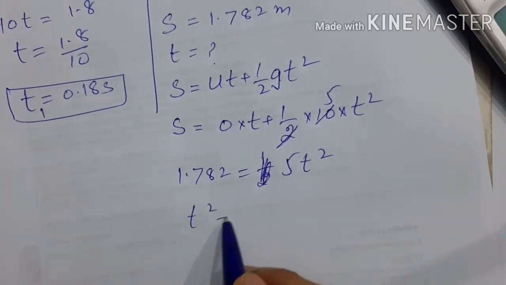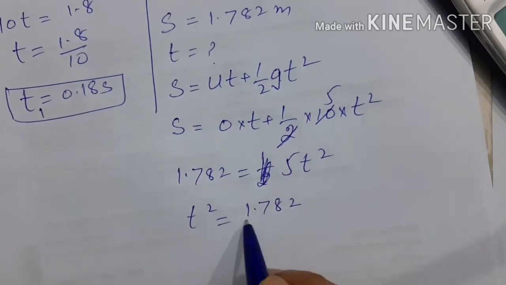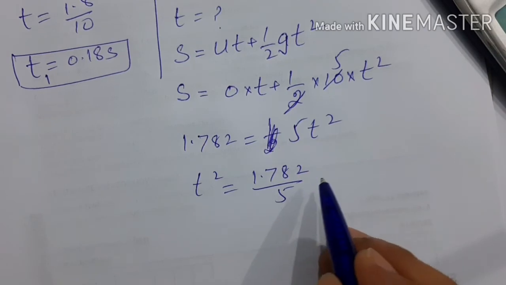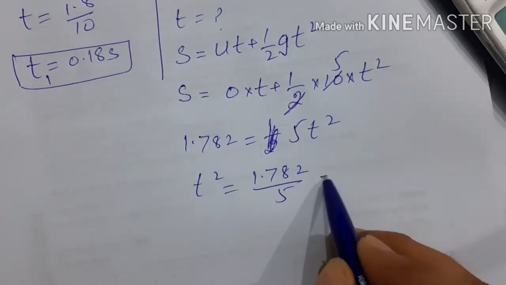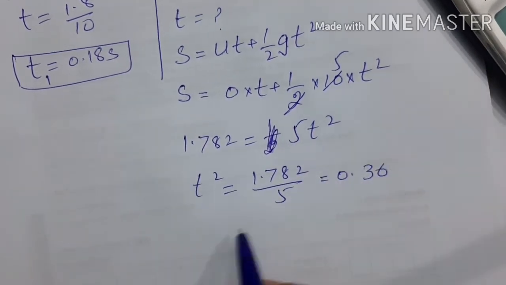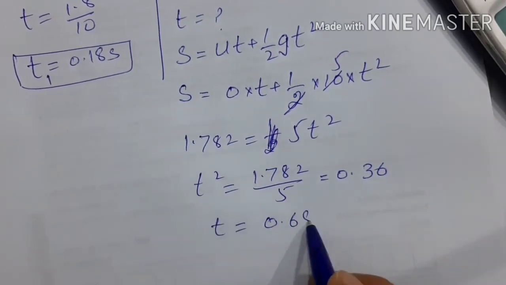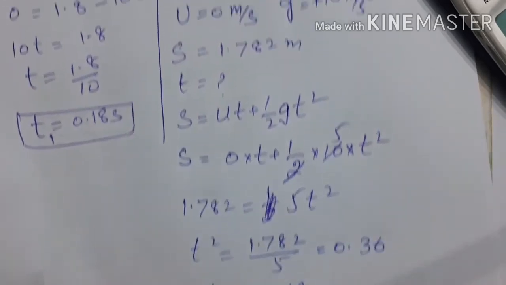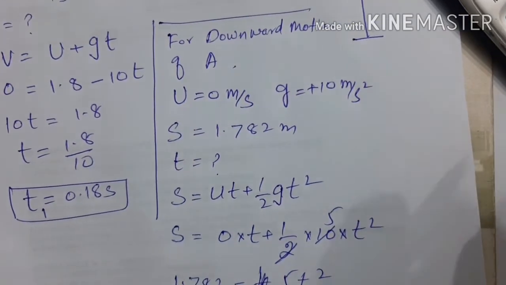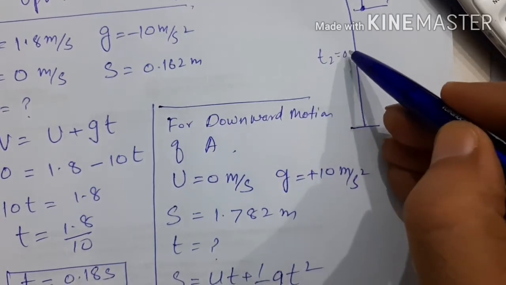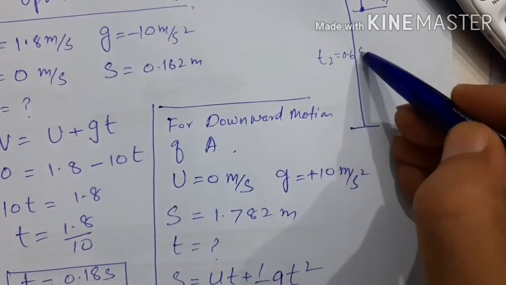So t square will be 1.782 over 5, and this will be 0.36. So after taking the square root, t will be 0.6 seconds. This is actually the second time. So this is t2, which is 0.6 seconds.